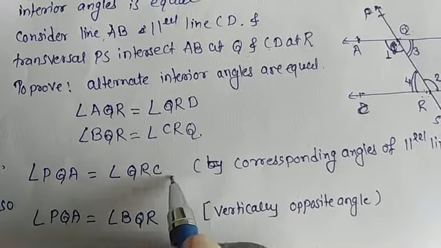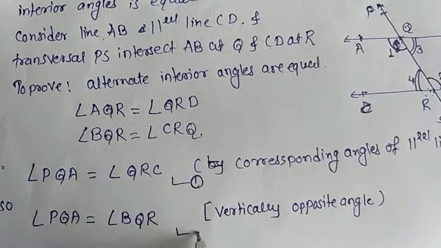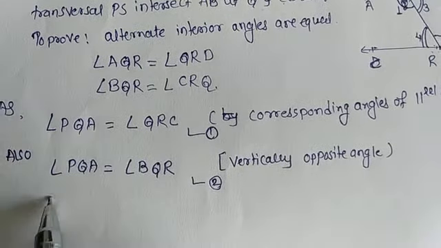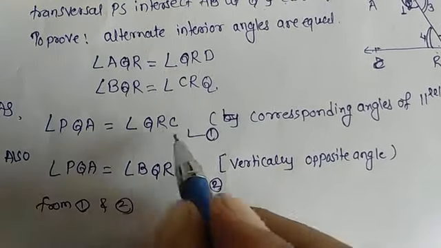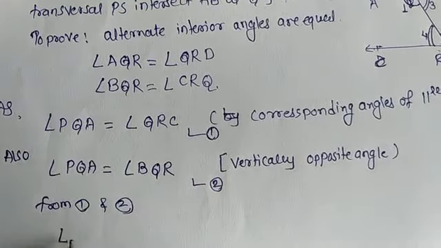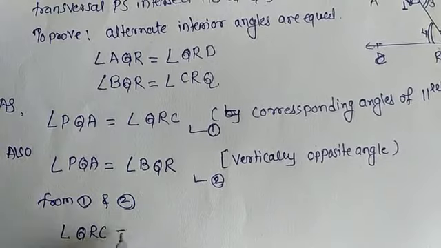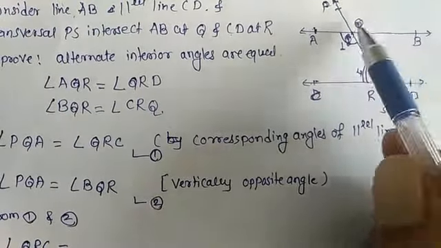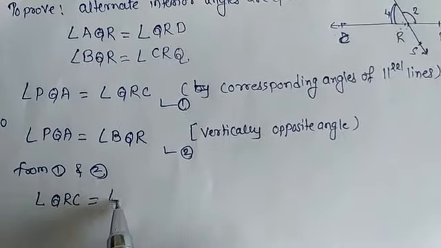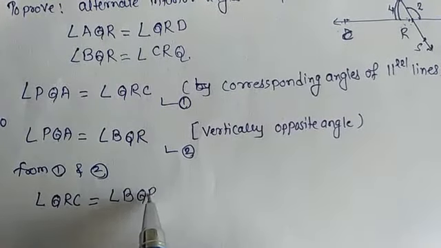Now from these two, equation 1 and equation 2, you can write from 1 and 2 that angle QRC is equal to angle BQR.